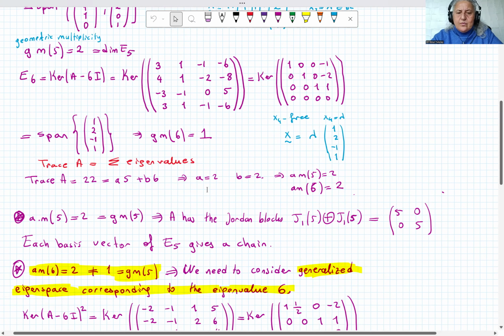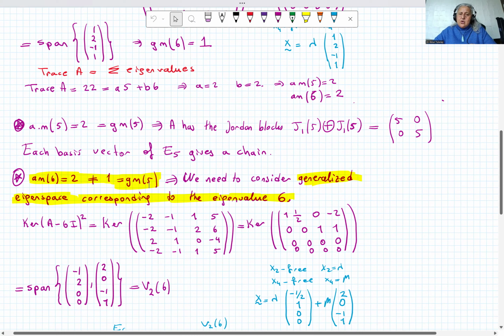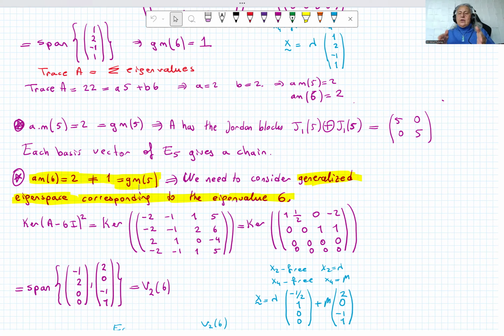Okay, for the other eigenvalue, lambda equal to 6, it is a little bit different because algebraic multiplicity is 2, but the geometric multiplicity is 1. So I don't have enough basis vectors, which will give me enough column vectors for the construction of the matrix P. I need then the generalized version of the eigenvector.